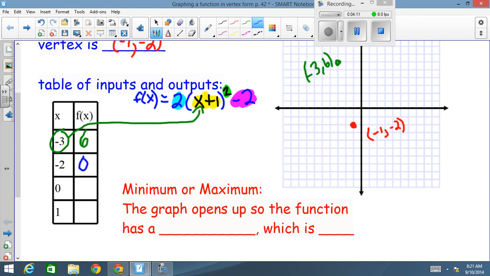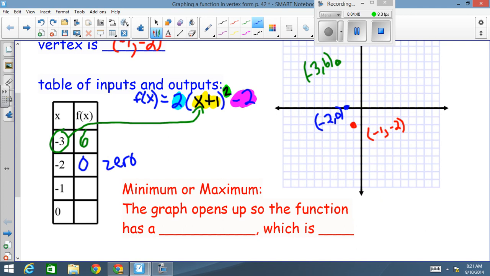So -2, 0. Oops, I went too far from that. So -2, 0 is right here. Hence the zero of a function. This is a zero of my function. It's where it crosses the axis, and the output is 0.